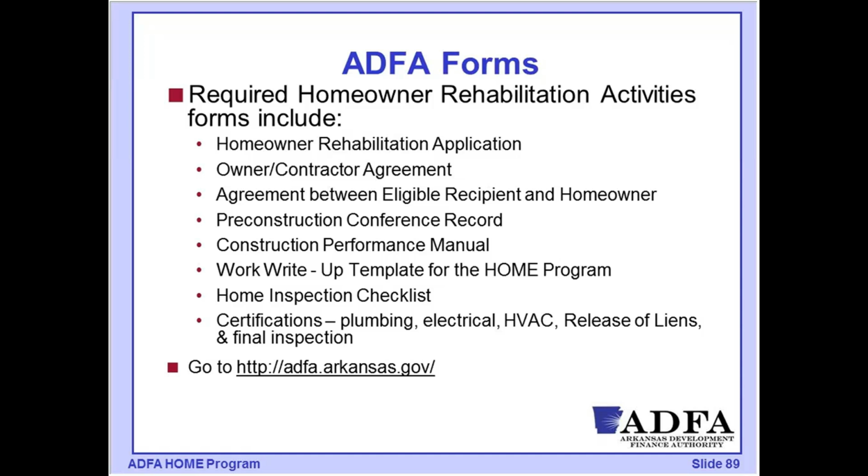You're able to document that we have an income eligible household, and we have a unit that, based on the proposed scope of work, the work completed, and the inspections, would be shown to have been brought up to those property standards. Very important to build that documentation and be able to document your compliance for your project.